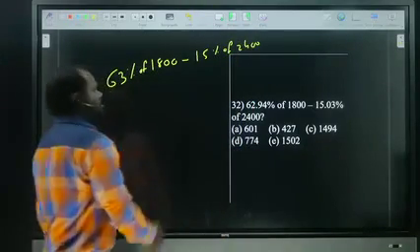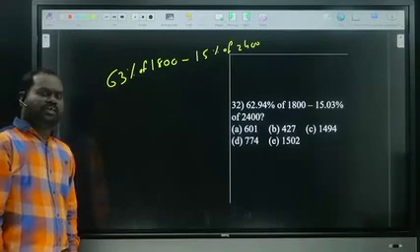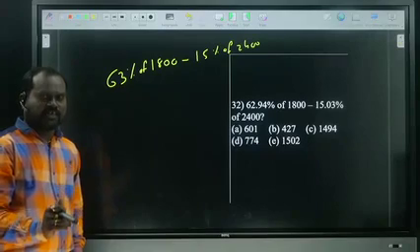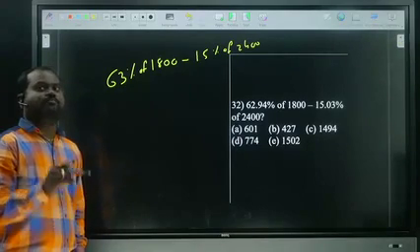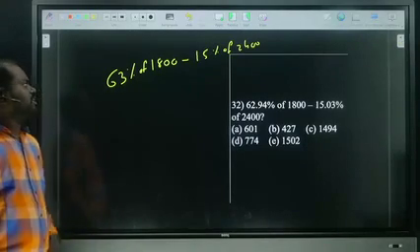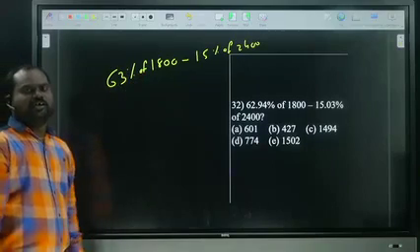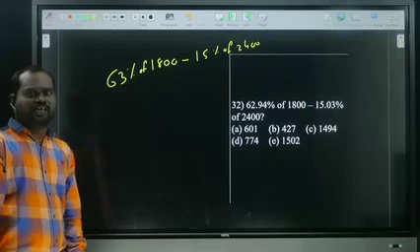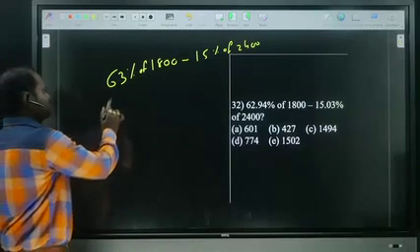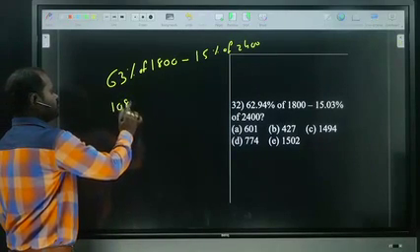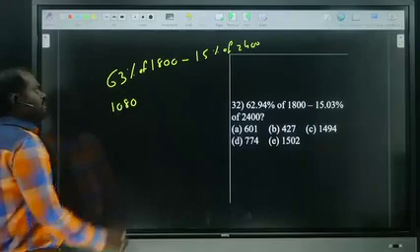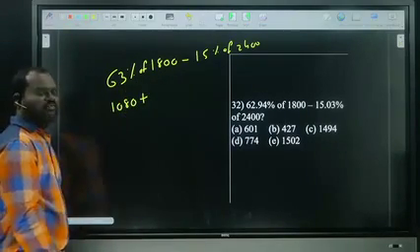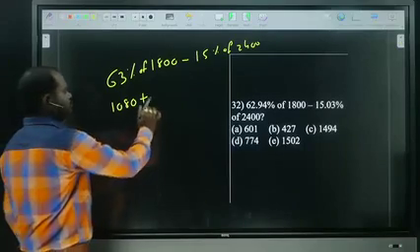Already I said for percentage, use your comfortable way. 63% we can break as 60% plus 3%. What is 10%? 180. 60% means 6 times 180, that is 1080, plus 3%. What is 1%? 18. 3% is 54.